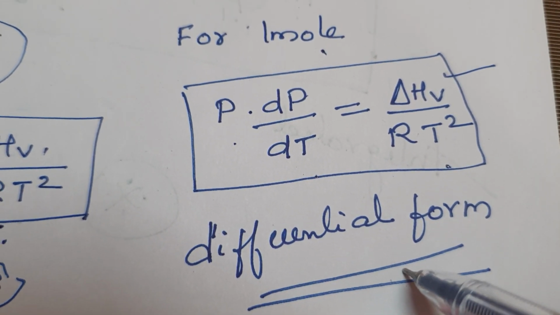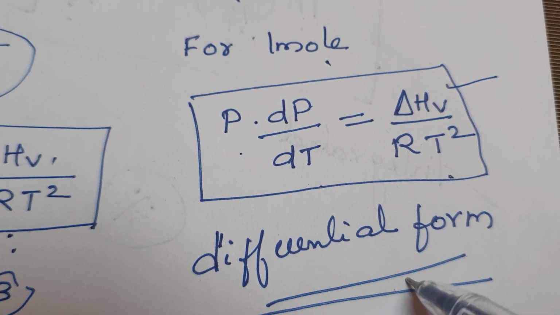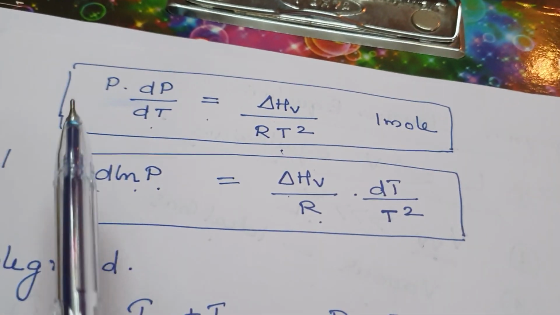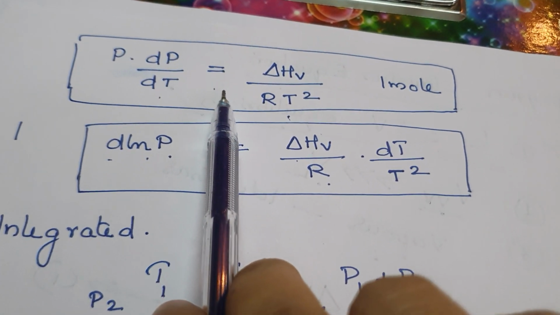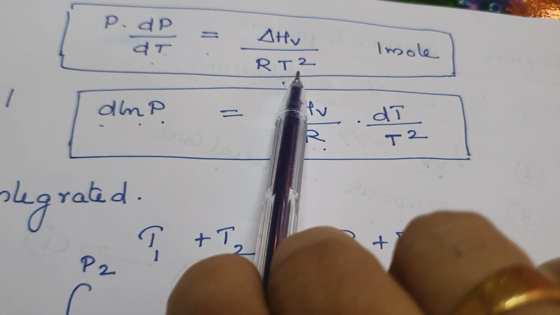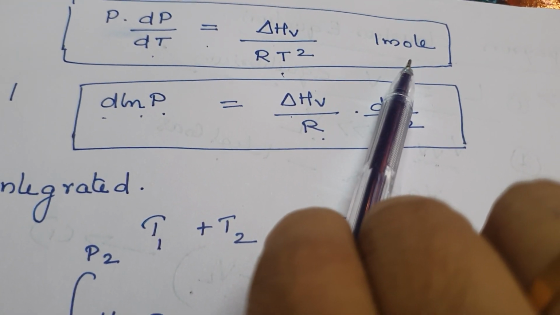This is the differential form of the Clapeyron-Clausius equation. The expression is dP/dT is equal to delta H_V divided by RT square. This is for 1 mole.